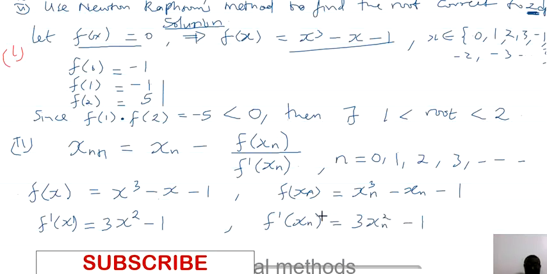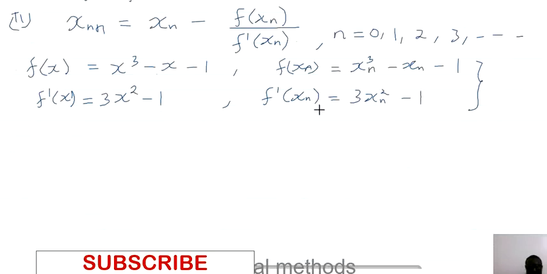And after getting these two expressions, we are going to substitute them here in the Newton Raphson's method for finding a better approximation. So I will now have x_(n+1) being equal to x_n minus f, I'm substituting in for f(x_n), and f(x_n) is this here.